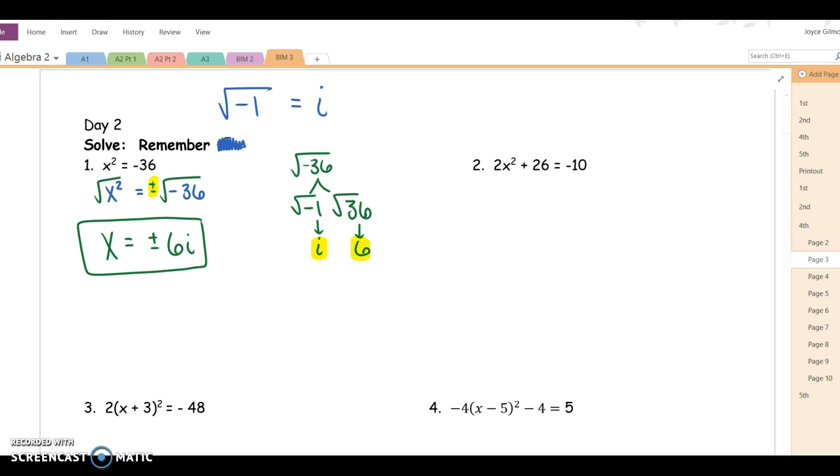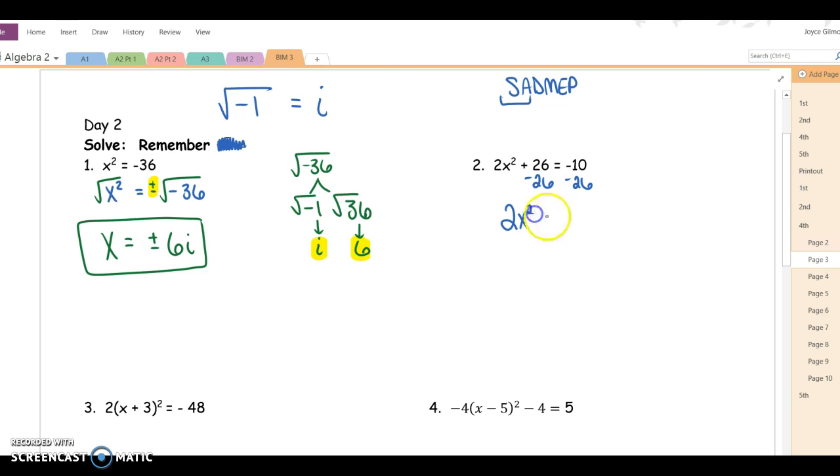What would you do first in number 2? Subtract 26. When you solve equations, you're doing PEMDAS backwards, which is actually SADMEP. So when you're solving equations, you want to use the order of operations backwards because solving equations is basically undoing math. So subtract or add first.